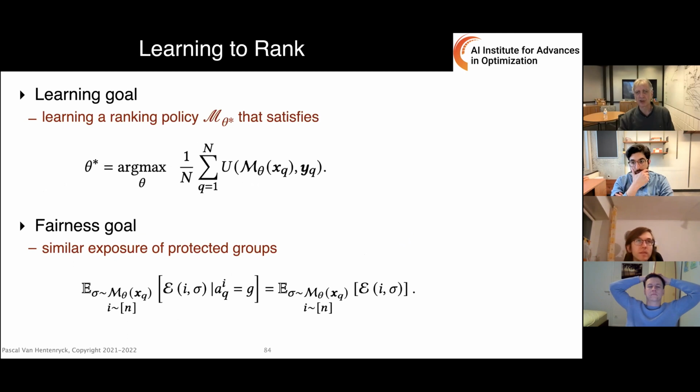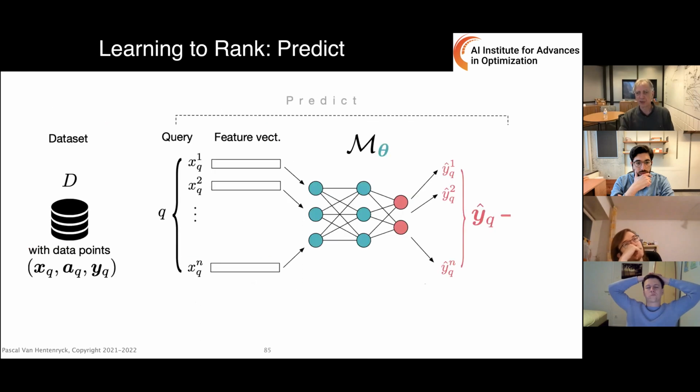And so what you're trying to do is find a policy which maximizes the utility of your ranking. But we also have a fairness goal, which means that every one of the protected groups has to have the same kind of visibility in the ranking as the general set of items. What you do in practice is try to bound the differences between the general set of items and a protected group. Once again, you use a deep learning network for predicting the scores.